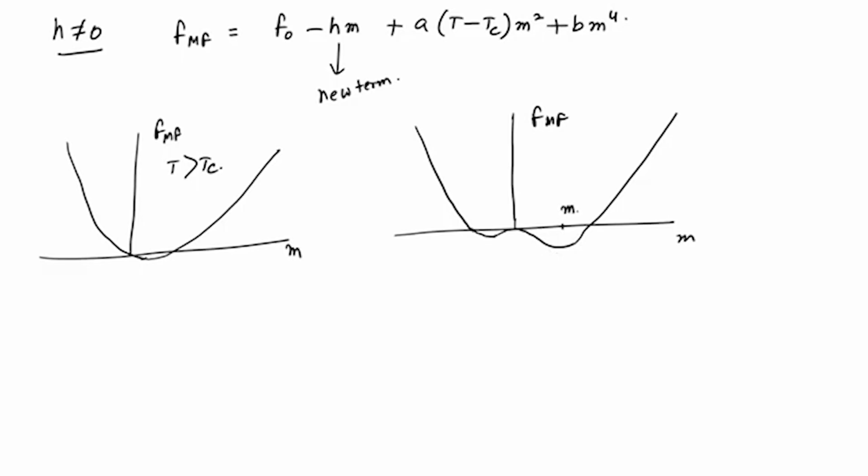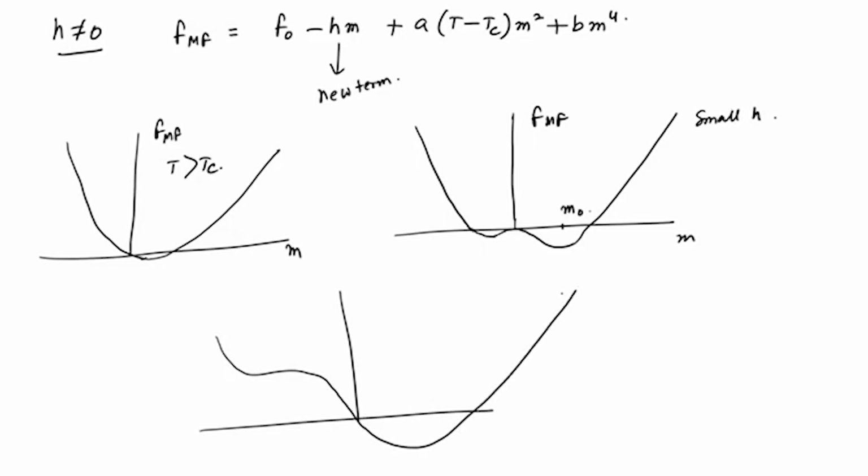So the system would like to be in this region, and this is for small h, that is, small external magnetic field. If you increase the magnetic field, then it becomes pretty much like this. Okay. So then of course there is no other solution but for the magnetization to be in the direction of the field. So this is for large H.